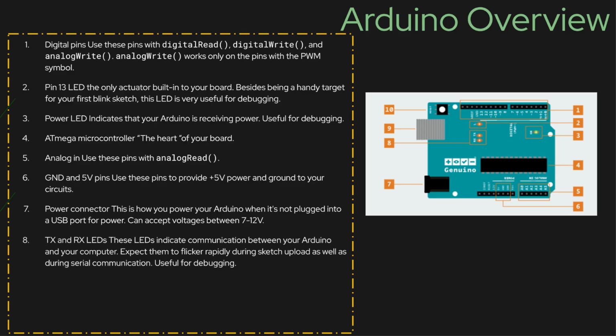And then we have our TX and RX LEDs. This is just telling us that our Arduino is having successful communication with our computer. Expect these to always flicker. Don't freak out. They're just letting you know, hey, I can tell you're uploading code, and I am talking to the computer.